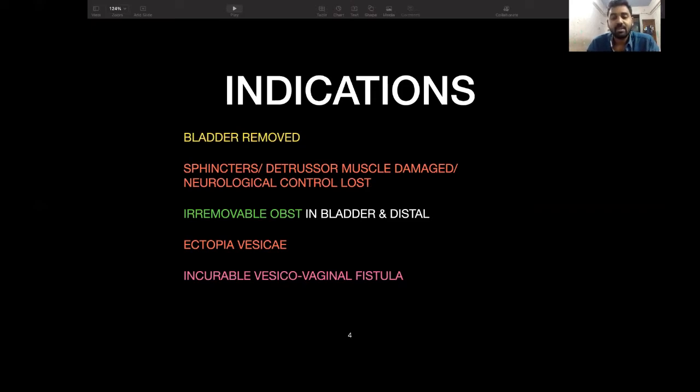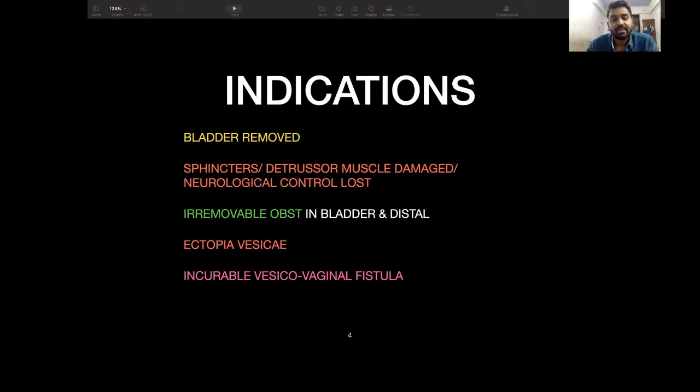For example, any stricture urethra which has been operated many times and still the patient is not able to void per naturalis, then you remove the bladder and you replace it with a urinary diversion procedure. The fourth indication being ectopia vesicae, and the fifth indication being incurable genitourinary fistula, for example, a vesicovaginal fistula.